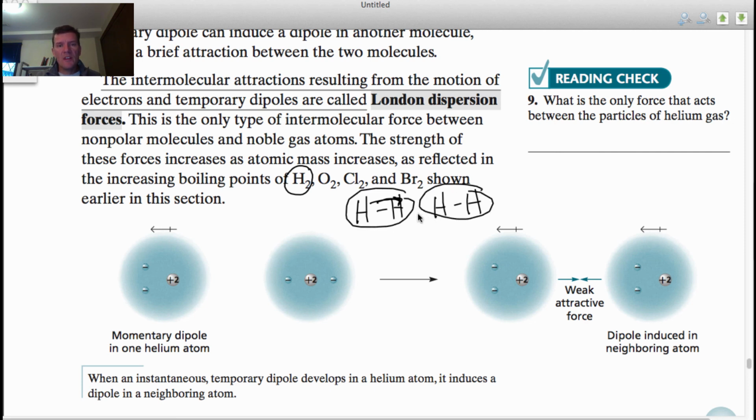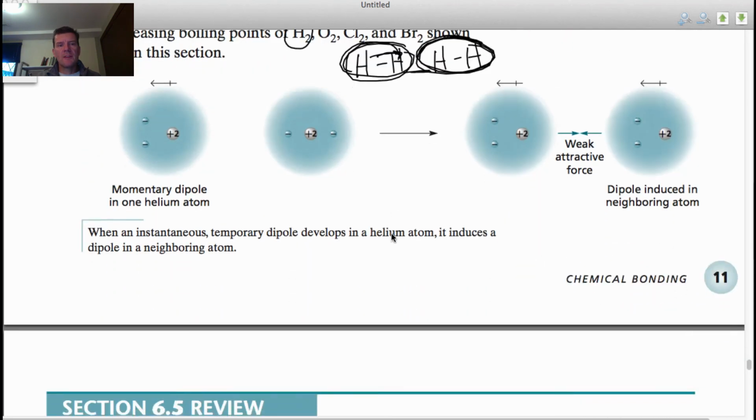These are very weak though, very weak, and the imbalance is momentary, which causes an imbalance in the molecule next to it, okay? So this is a temporary dipole because of the constant motion of electrons, okay? And so as a result, you will have a very, very weak temporary dipole that causes a temporary dipole in the next one, and there's going to be a slight attraction between the two, okay?